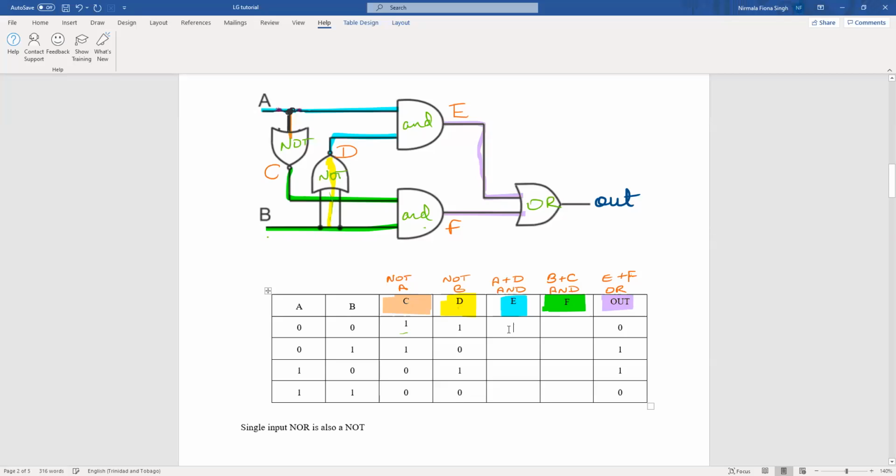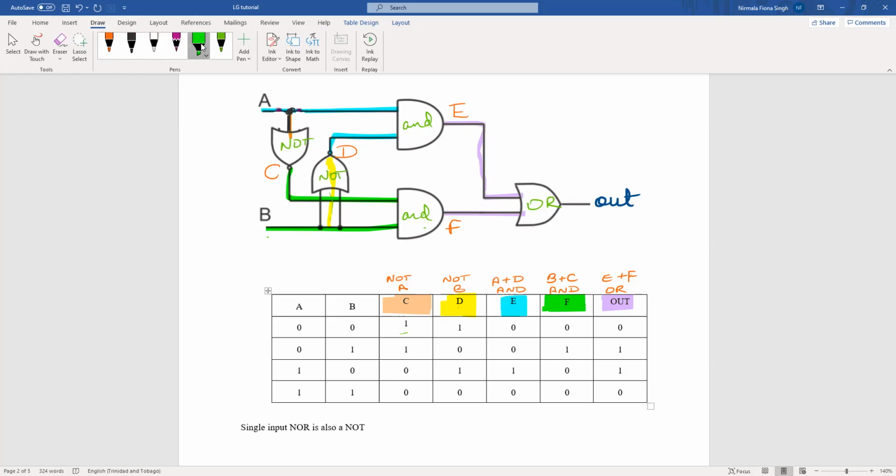Somebody call out E for me. 0010. Correct. Somebody call out F for me. 0100. Correct. And to give us our last one, our OR gate, remember you need at least one high signal for it to work. So that's how you get it when you look at these two.